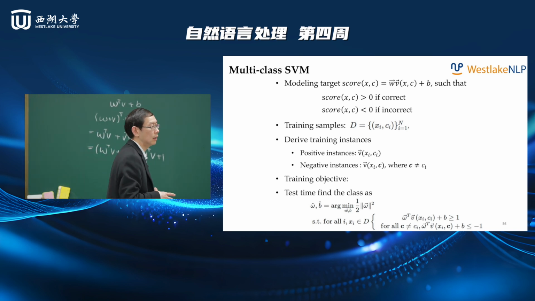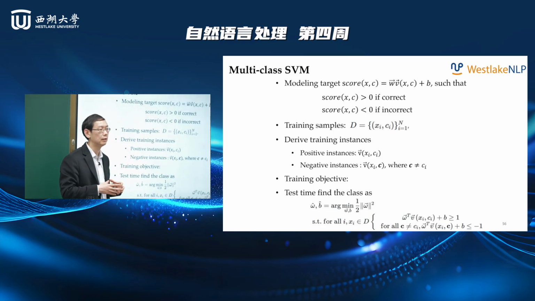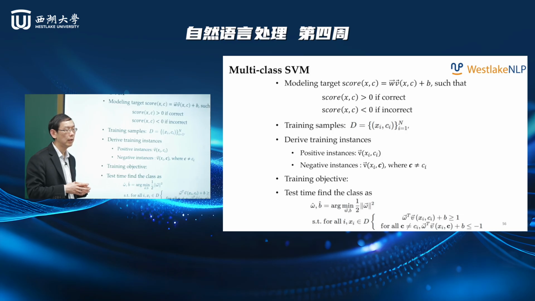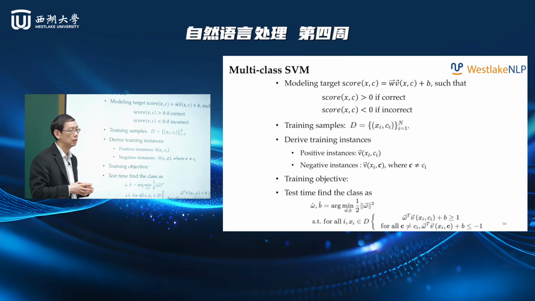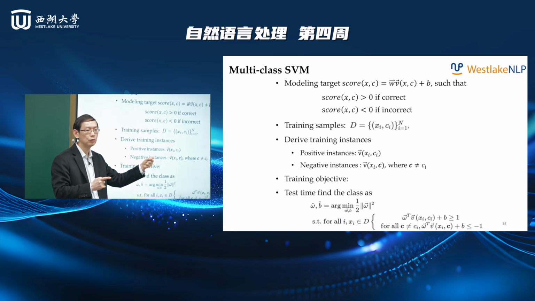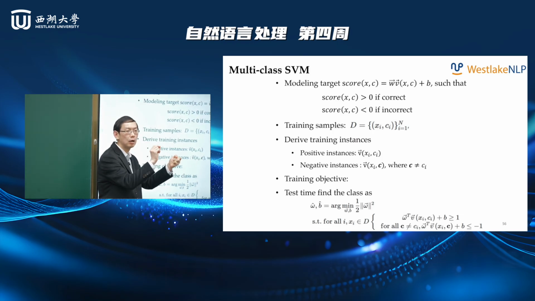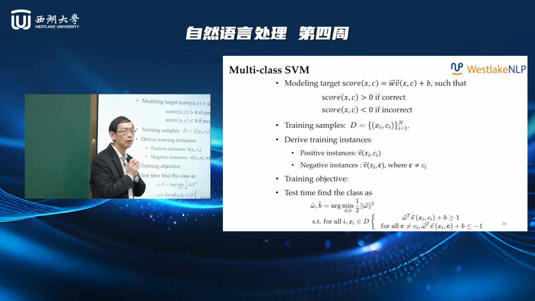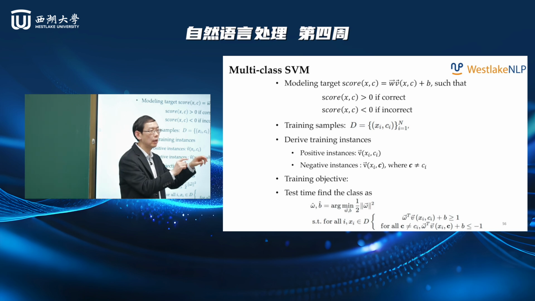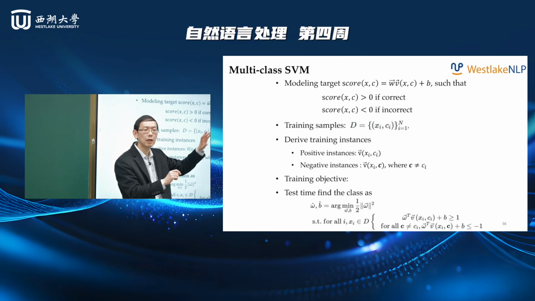But it turns out that this model is a little bit redundant. It sort of is too strict. Why is it too strict? Because during testing, I still have an input, and I want to combine this input with all possible outputs, C1, C2, and C3. I want to find: input and C1, is it above the hyperplane? Input and C2, is it above the hyperplane?